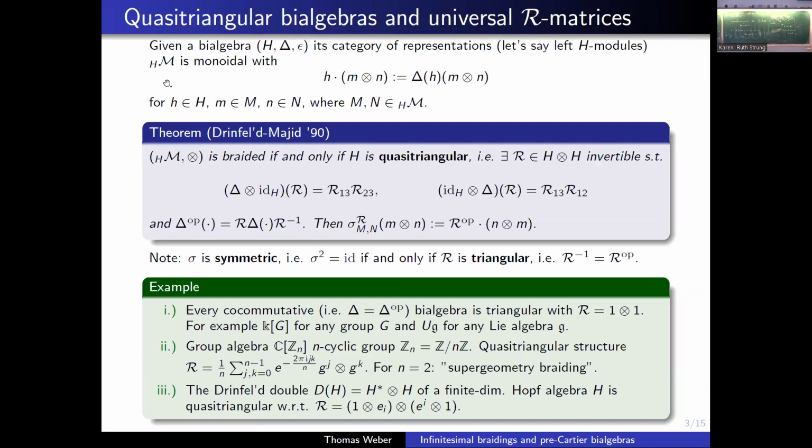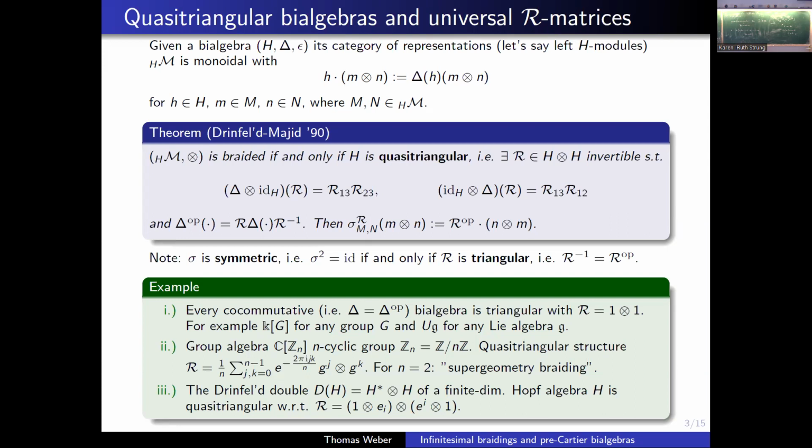The category I will write as HM. This has a tensor product where I just take the tensor product of vector spaces, but I act on the tensor product using the coproduct. Since the coproduct is an algebra map, this gives me a left action.